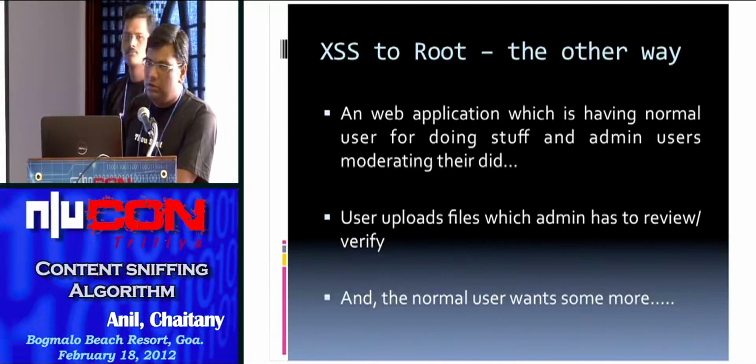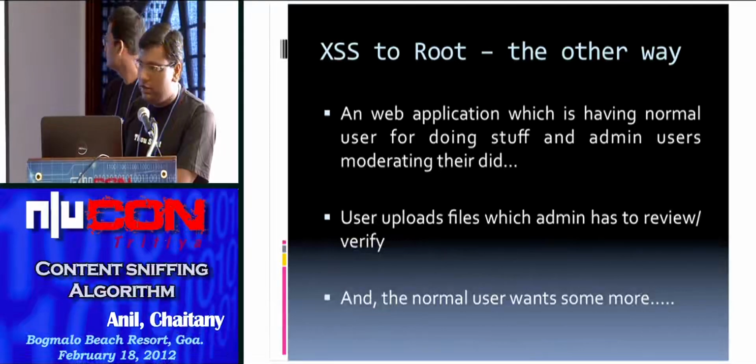We can take an example of an application which allows the normal user to create and upload, let's say, tender documents. A normal user is supposed to upload tender documents to a portal, and an administrator's job is to review the tenders received from a normal user and do whatever the next thing is. In this case, the normal user can upload tender files. We are talking not only about image files.